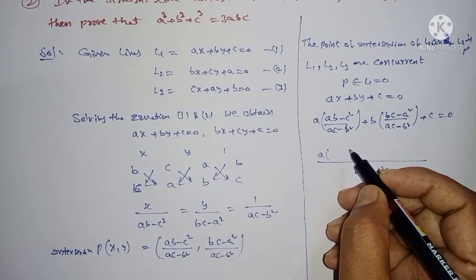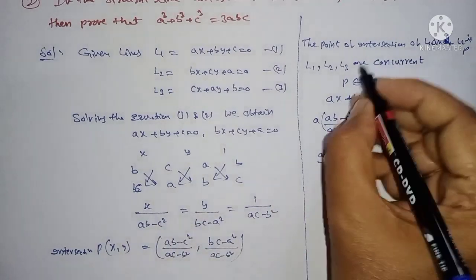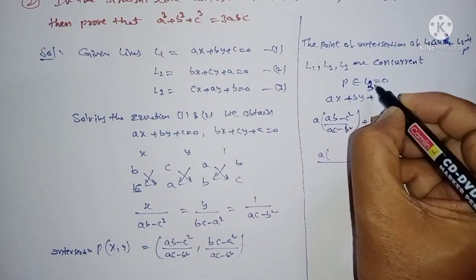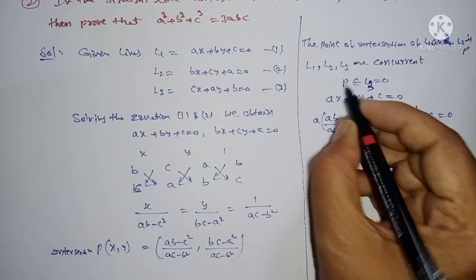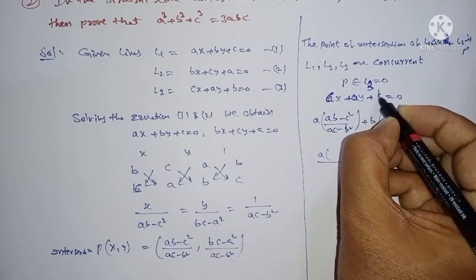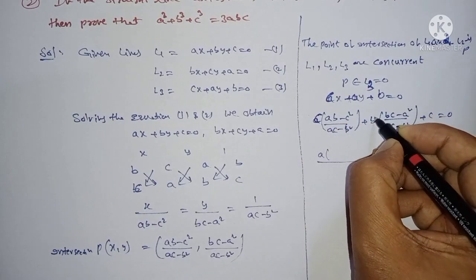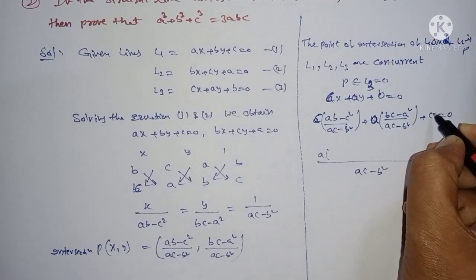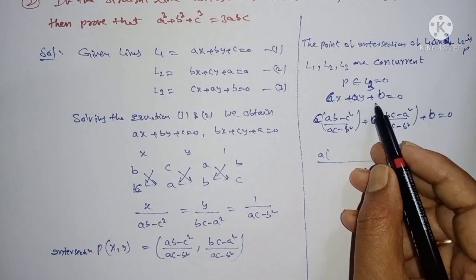Sorry, you are taking L1 and L2, therefore the point belongs to L3 only. What is L3? It is cx plus ay plus b is equal to 0. Correction: this is cx plus ay plus b is equal to 0.